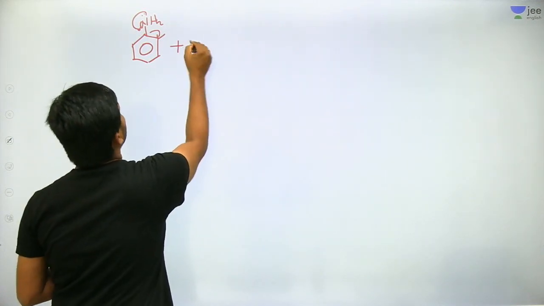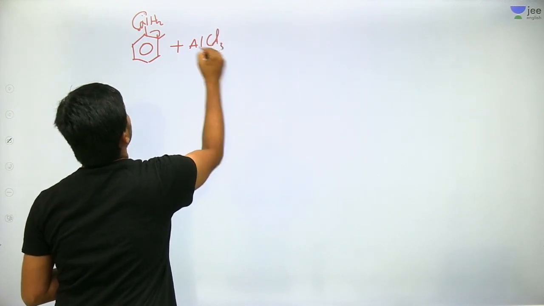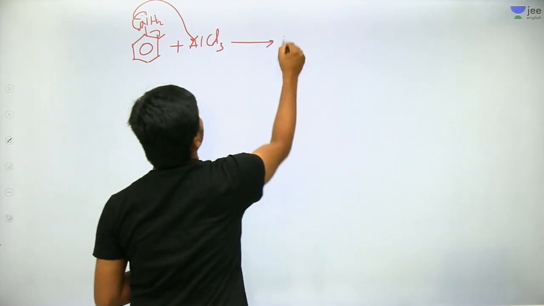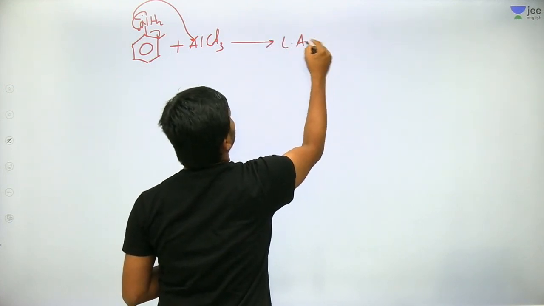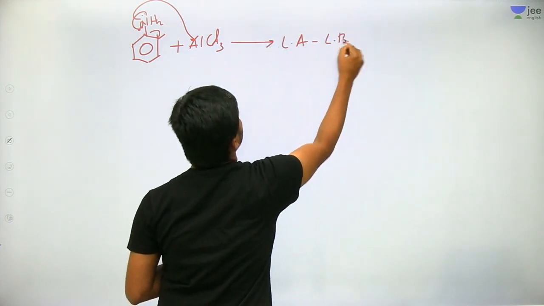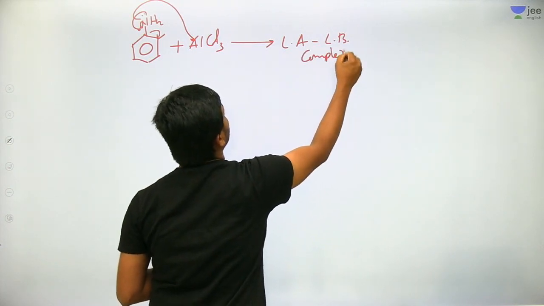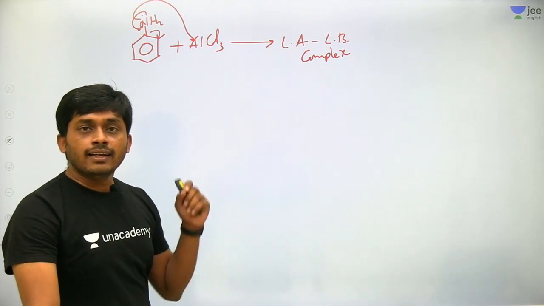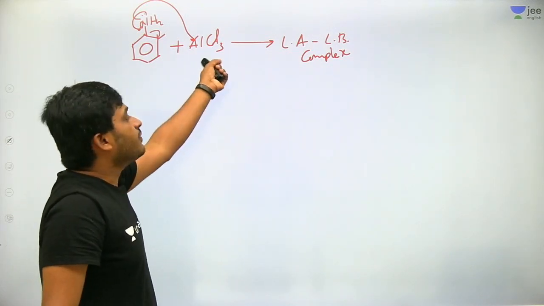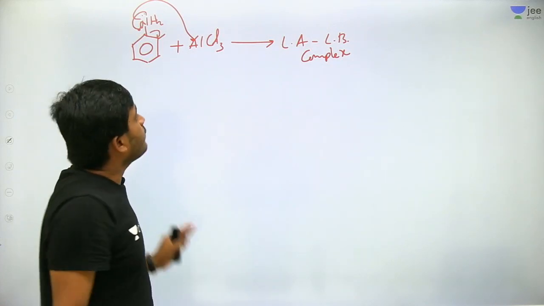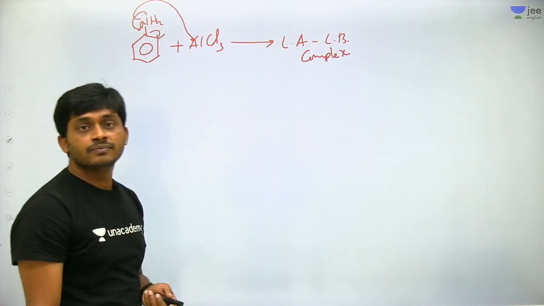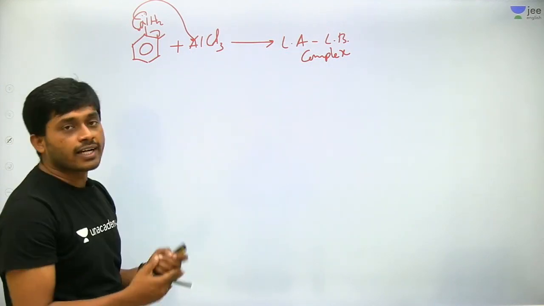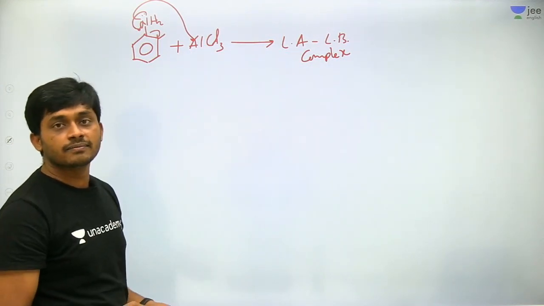If it is treated with AlCl3 catalyst, AlCl3 first reacts with aniline and forms a Lewis acid-base complex. But our reaction is Friedel-Crafts, so it is not undergoing Friedel-Crafts, it is undergoing an acid-base reaction.